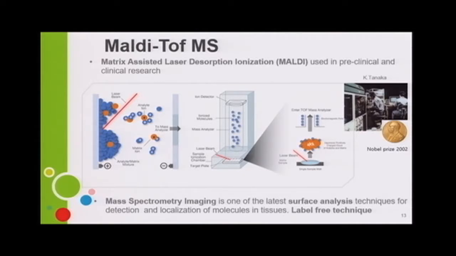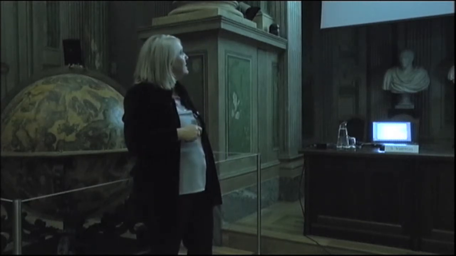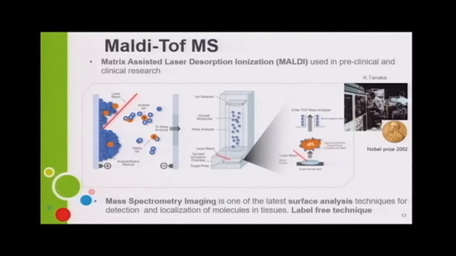So, MALDI-TOF mass spectrometry is based on a three-step process. The first one is to mix the analyte in which you are interested with a matrix, okay? The matrix is able to ionize your analyte easily, and you have a desorption and an ionization, that is the first step.